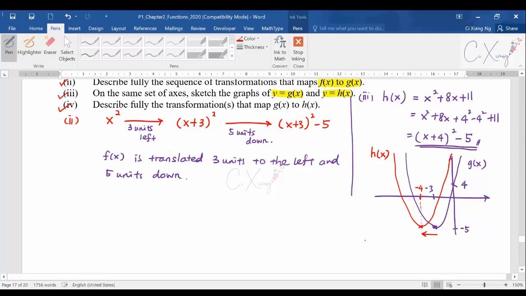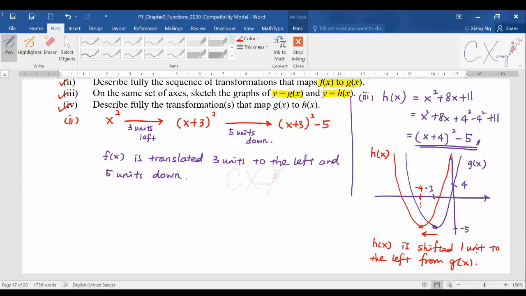So you can describe it like this: hx is shifted 1 unit to the left from gx. Or maybe you can write that gx is shifted 1 unit to the left to get the hx also can. All right, as long as the meaning of the question is there, then it should be okay.